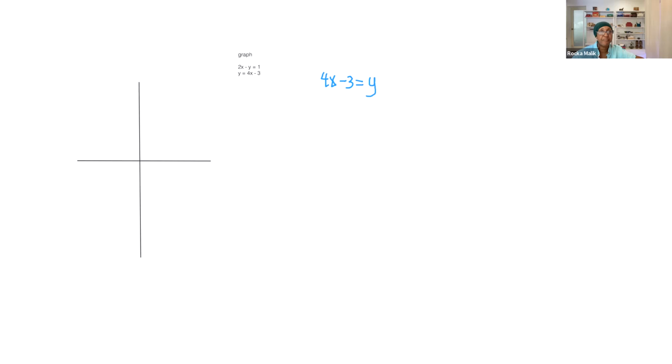No, it's not. It looks kind of like it is, but I need this number by itself on this side. So I'm gonna switch the y and the minus 3. When the y comes over to the left side, it becomes negative.